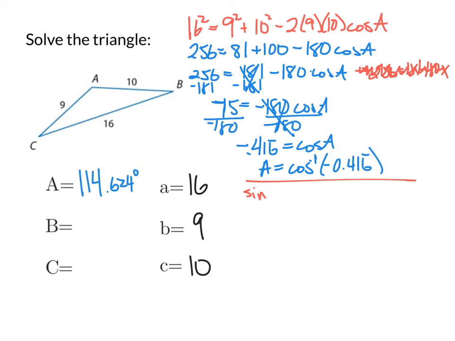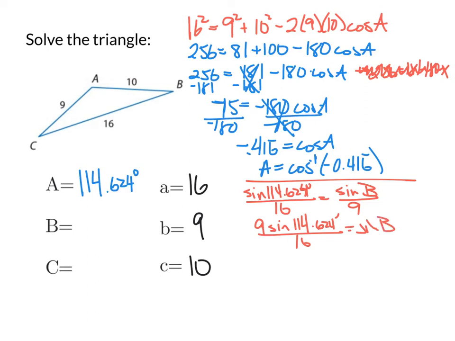Once I have that angle, now I have a pair. So we can go back to using the law of sines. The sine of angle A, 114.624 degrees, is related to side A, just like the sine of B is related to side B. So I'll multiply both sides by 9. And to find B, we're just going to take the inverse sine of that decimal.